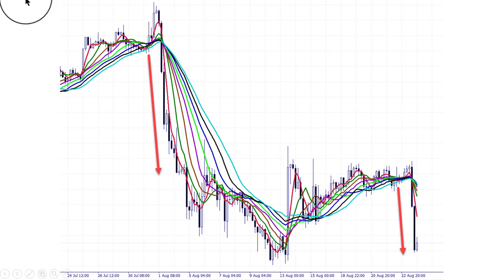Now, when the moving averages are clumping together in a knot, what they are saying to you is that the market is agreeing that the current price is exactly what it should be. The other thing is, there's a huge amount of uncertainty, because the short-term traders and the long-term traders are agreeing. That's a very unusual situation.